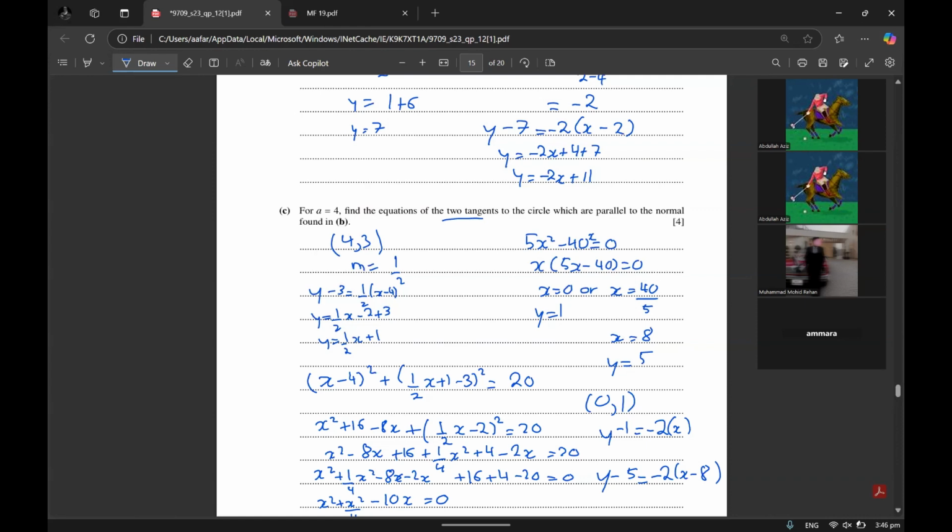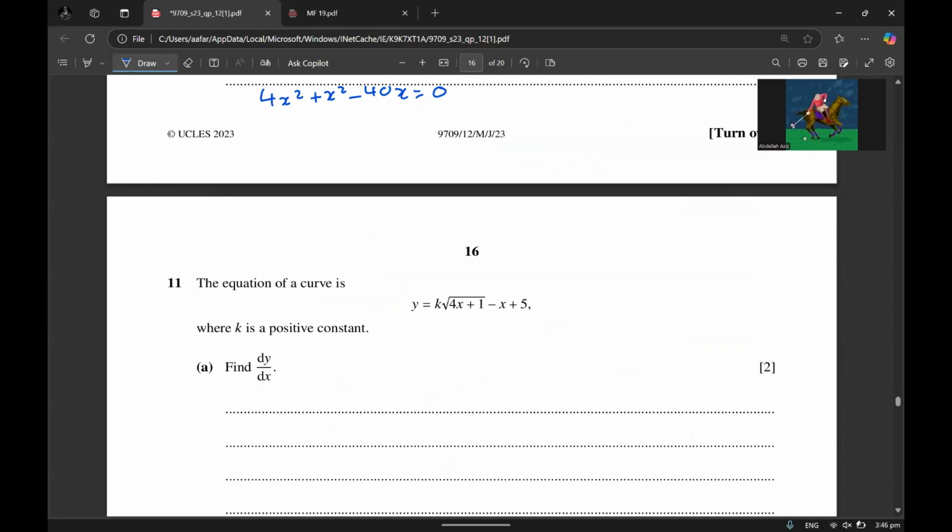Okay. The equation of a curve is y is equal to k under root 4x plus 1 minus x plus 5, where k is a positive constant. Find dy over dx. So if we write y is equal to k, we can write it like this: power of half, negative x plus 5.